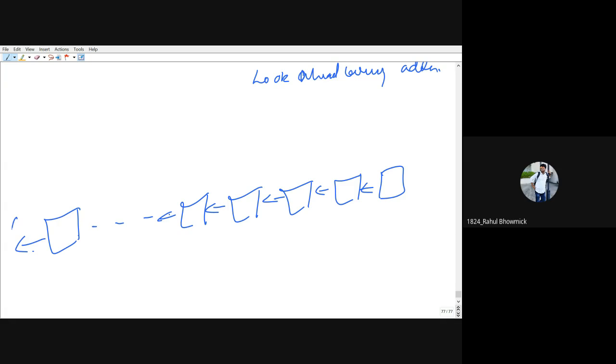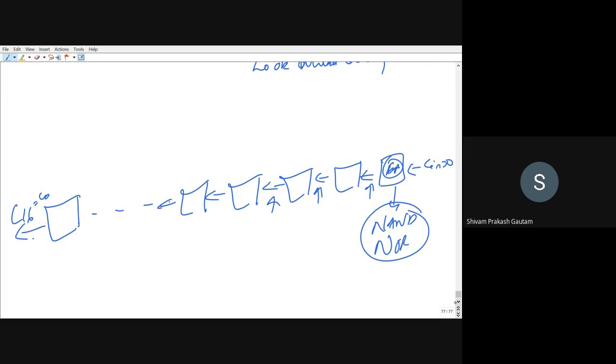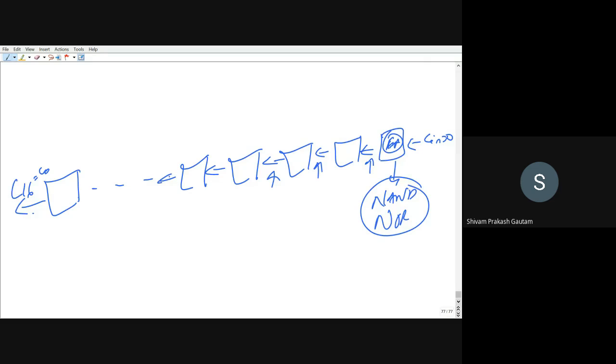So let us say this is C16 or C out, and this is our carry in, which was 0. Each stage's carry has to be generated, and for generating the carry, we have seen the circuit of full adder 1 using NAND gates or NOR gates. Big circuits are there. For both NAND and NOR gates, how many levels were there?